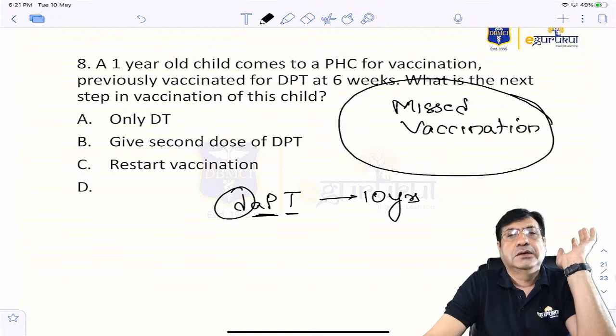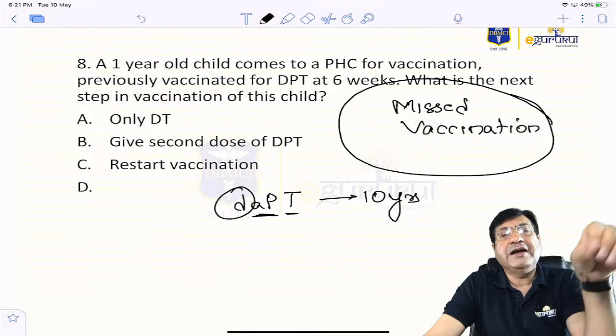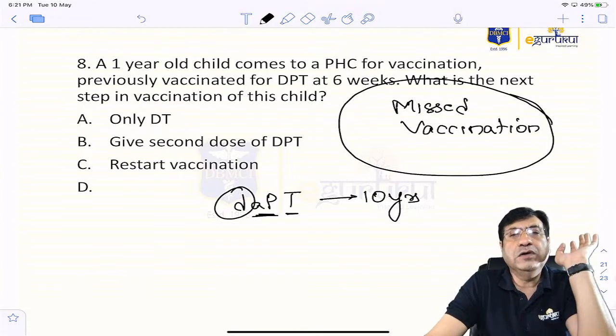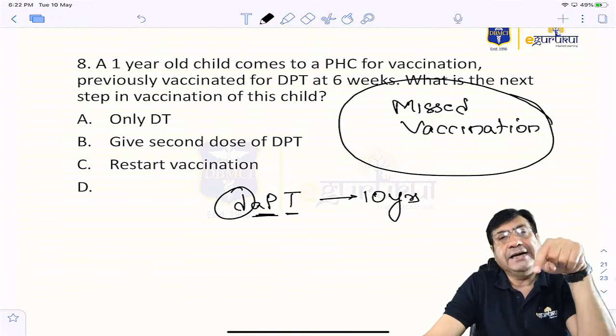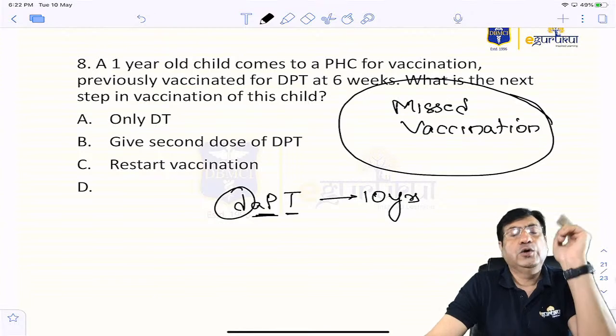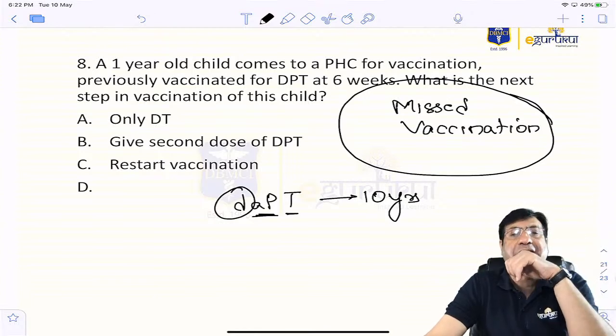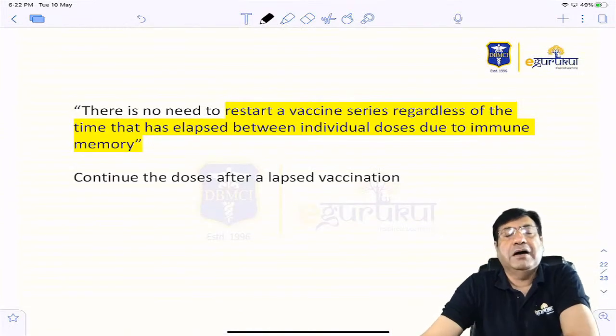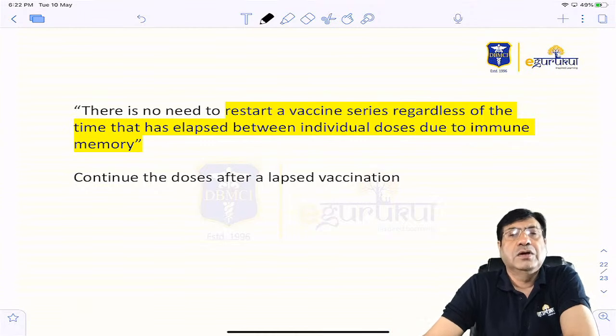So even if one dose has been given and the child in between had missed 1 or 2 doses on the schedule and comes to you at a later date, please complete the vaccination schedule from that date. Do not restart the vaccination schedule again. And it is very clearly given in the IAP handbook on vaccination also that there is no need to restart a vaccine series regardless of the time that has elapsed between the individual doses.